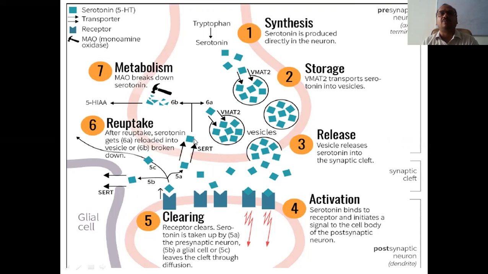All this is the story about serotonin. First, serotonin is synthesized and stored. Serotonin is produced directly in the neuron. See here, this is a presynaptic neuron, and this is the postsynaptic neuron. Pre means prepaid, post means postpaid.